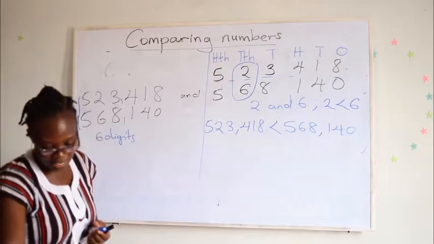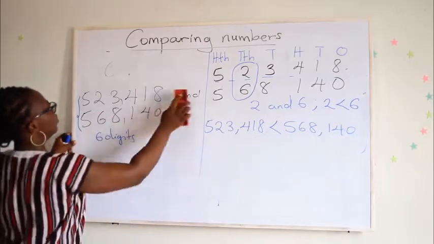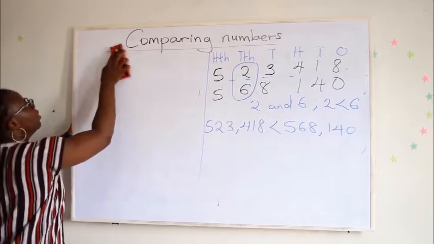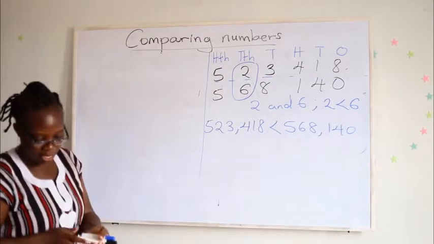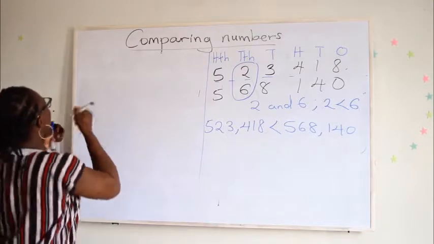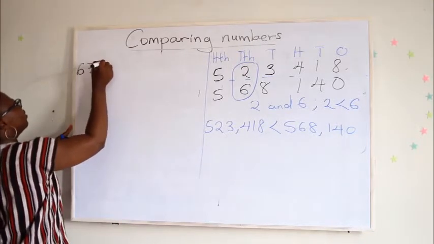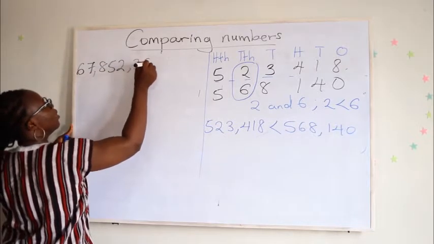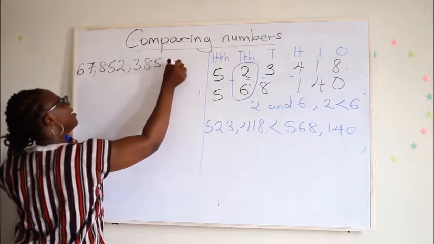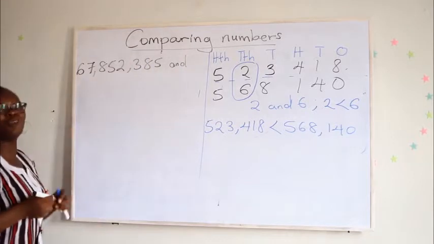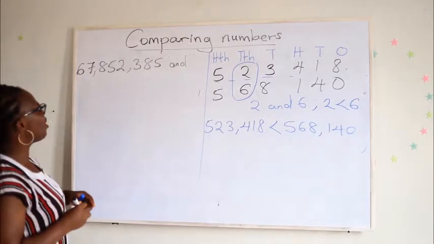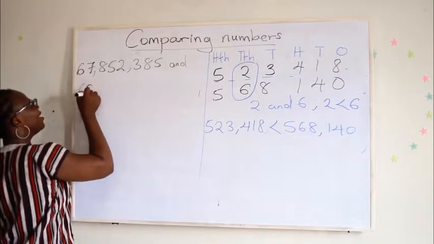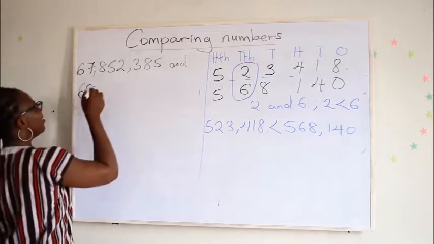Let's take another example. Let me use another example to explain. If I ask you to pronounce this number, I hope you can do that. Very good. So write it in words.